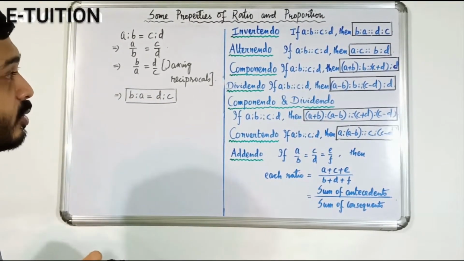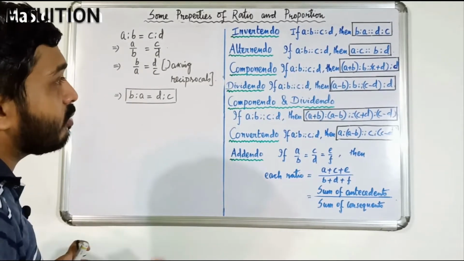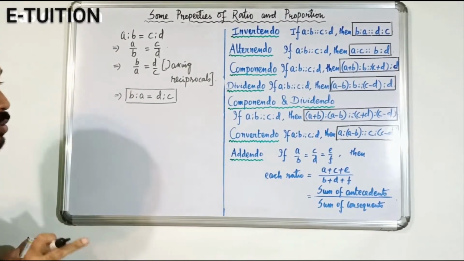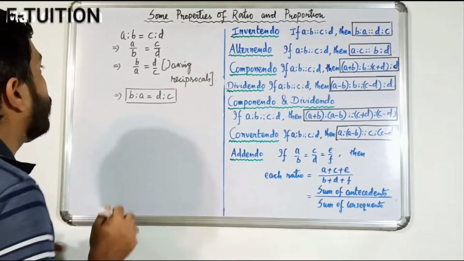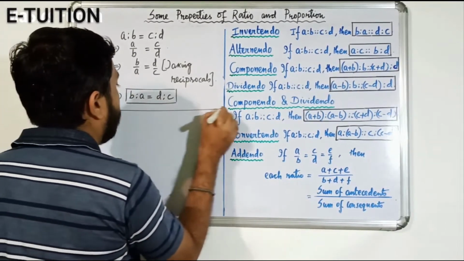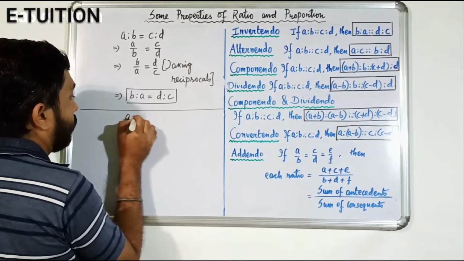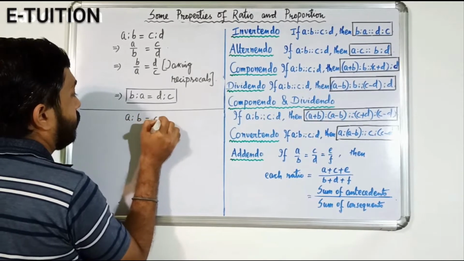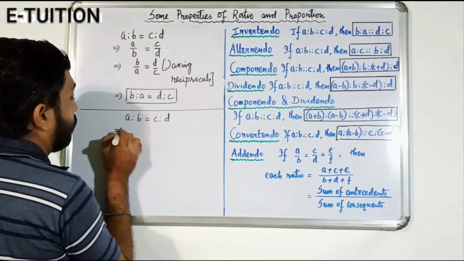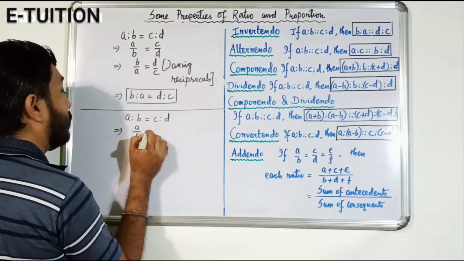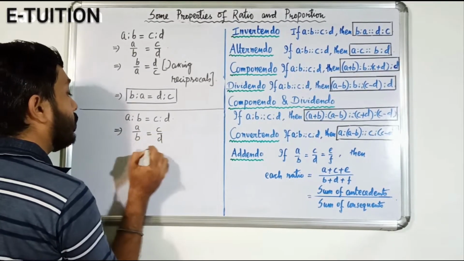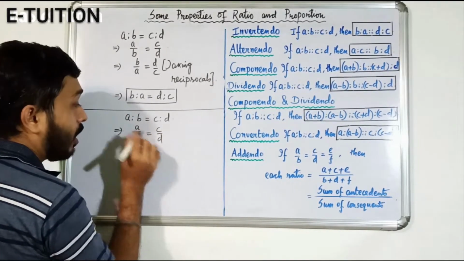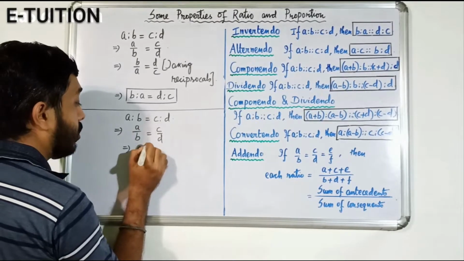After that is alternando. That is saying if A is to B equal to C is to D, then A is to C is equal to B is to D. After that, do cross multiplication.